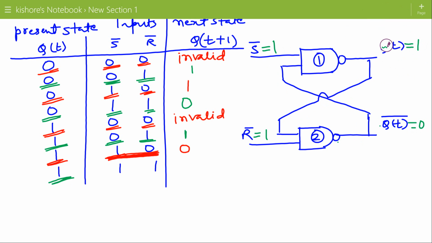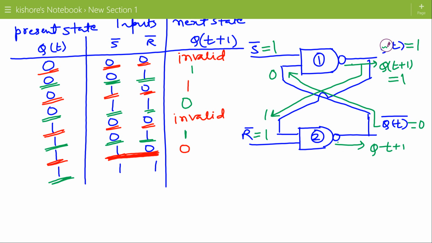QT bar is the feedback input for the first NAND gate, so the output is 1. Now this QT plus 1 is the feedback input for the second NAND gate, that is 1, and R bar is 1, so the output is 0. So QT plus 1 bar is 0. So this is a valid state, next state is 0.